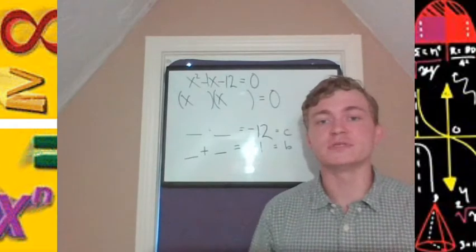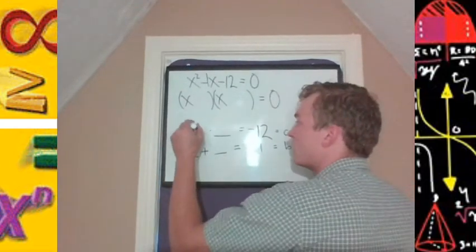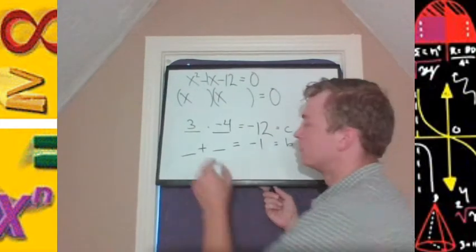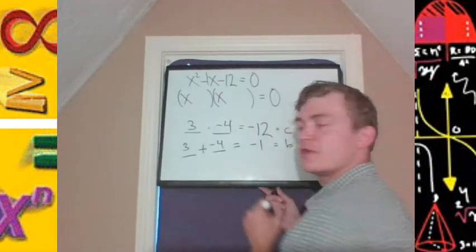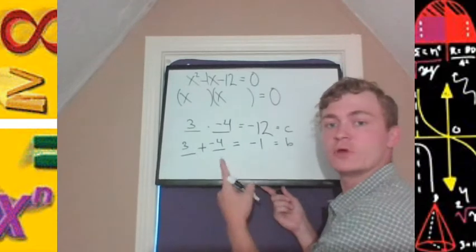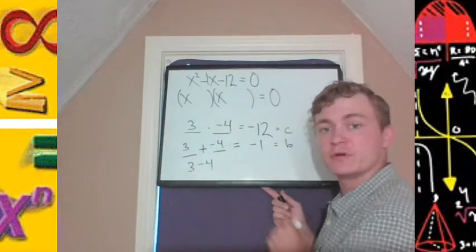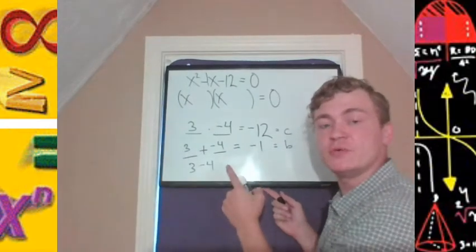Those are our only options. And it turns out 3 multiplied by -4 is -12. 3 plus -4, which is the same thing as 3 minus 4, is -1. So we found the two integers.